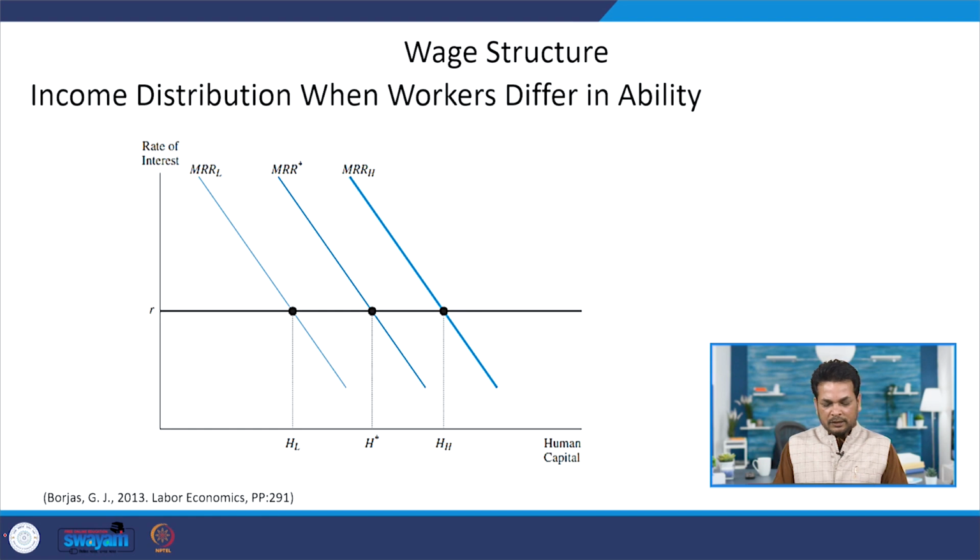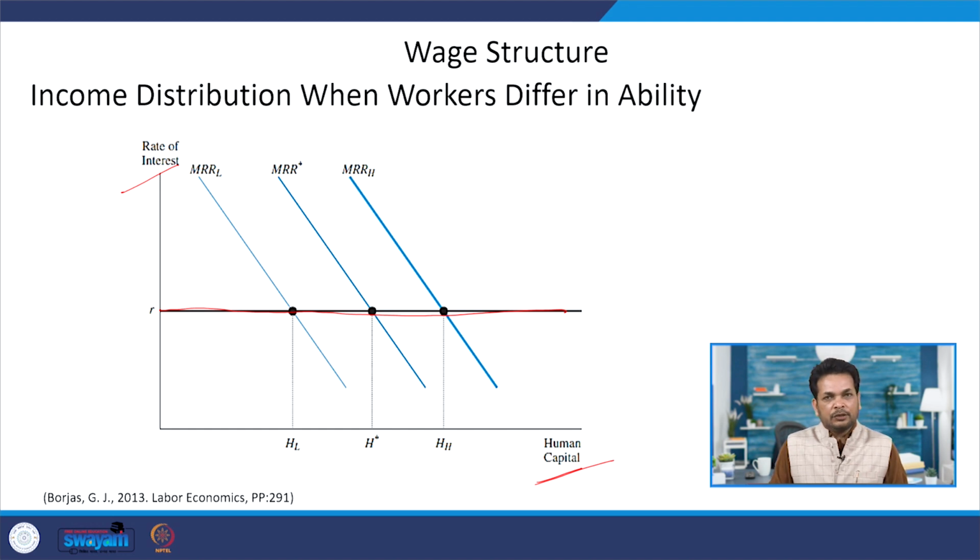In that case, let us try to understand how the wage distribution happens in the economy. Here, in this graph, we have taken human capital on the x axis, and on the y axis we have taken the rate of interest or the discount rate. We have assumed that all the workers in the economy have the same discount rate. So, the discount rate is fixed for everyone.